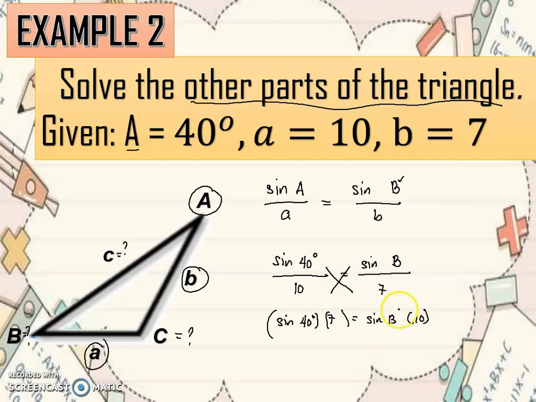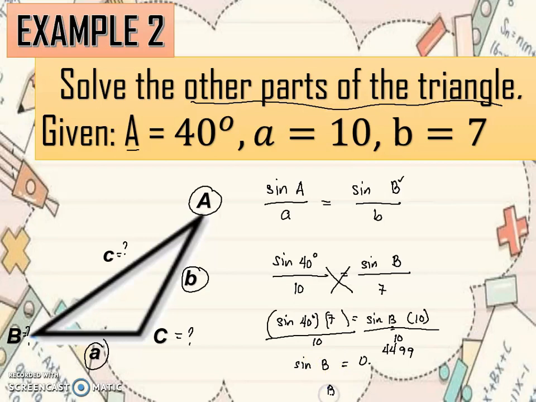So what you're going to do, class, since we are looking for sine B here, we're going to divide by 10. I will write it in this manner so that we will not be confused. So sine B equals sine 40 degrees times 7 divided by 10. And the answer here, class, is 0.4499. I'm very sorry for my handwriting. Then since we are going to solve for angle B, we will get the inverse sine.